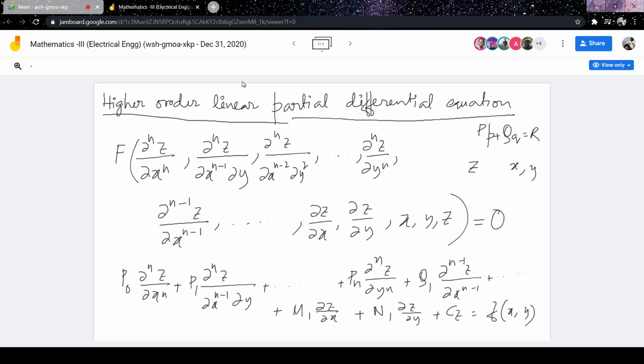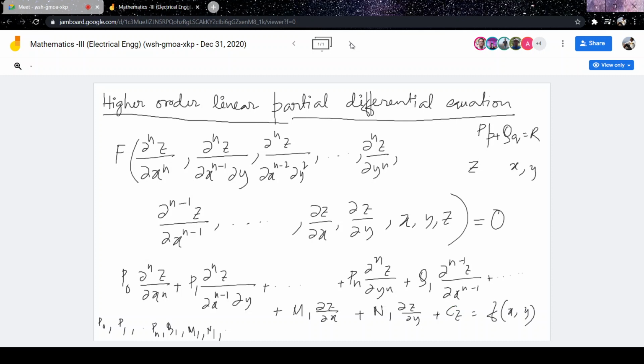So this is our linear partial differential equation of nth order, and where this P0, P1, Pn, Q1, all the coefficients, that is M1, N1, C. This is C multiplied, that is a constant multiplied with z.